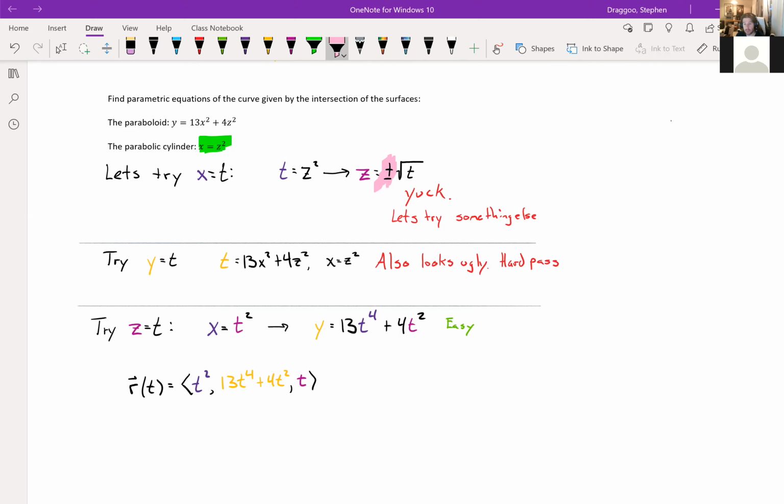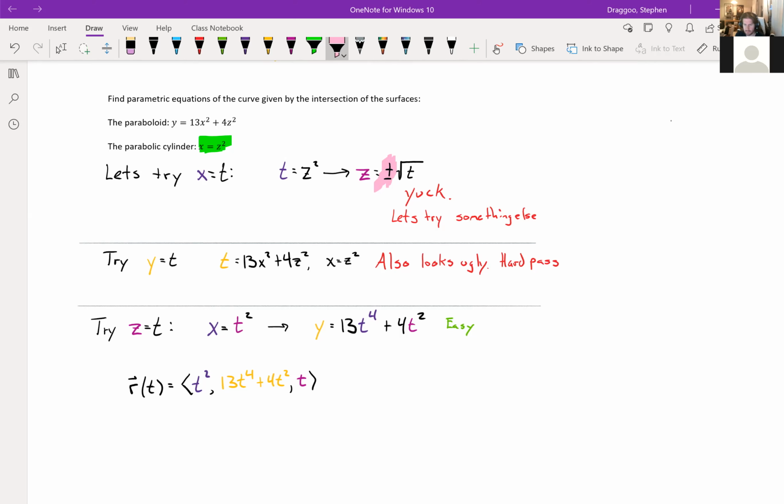And now that I have an equation for both x and for z, I can plug those into that top equation and get an equation for y that only depends on t. So 13t to the fourth plus 4t squared, or t squared squared is where I got t to the fourth. And that was way nicer than the other two. So that's the parameterization I would stick with.